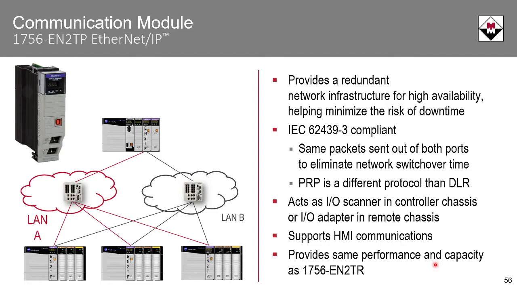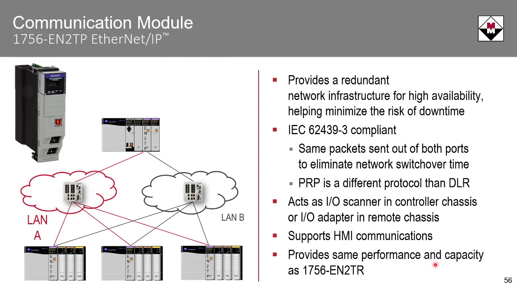Also, the 1756 EN2TP module came out within the past year, and it supports Parallel Redundancy Protocol, like I said, PRP for short. The PRP protocol provides seamless failover against failure of any network component with zero recovery time.